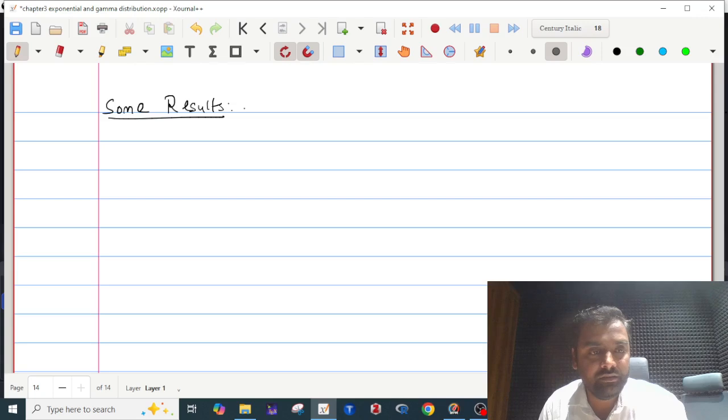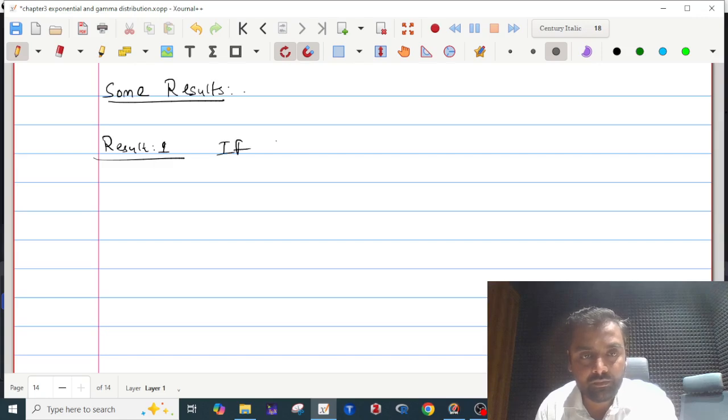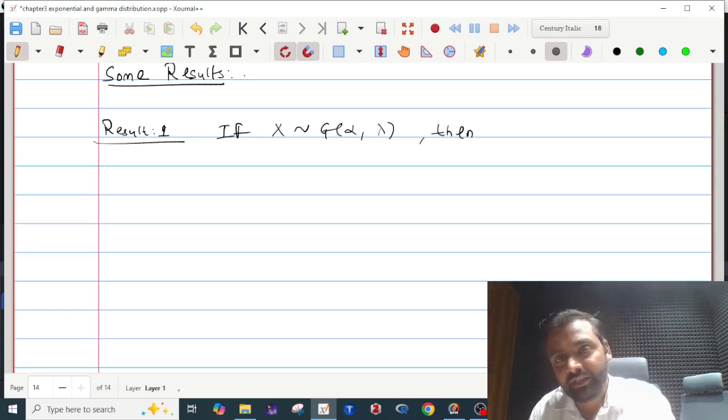So first is: if X follows gamma distribution with parameter alpha, lambda, then c into X, where c is a constant, follows gamma with parameters alpha, lambda upon c. Here c comes to be divided.